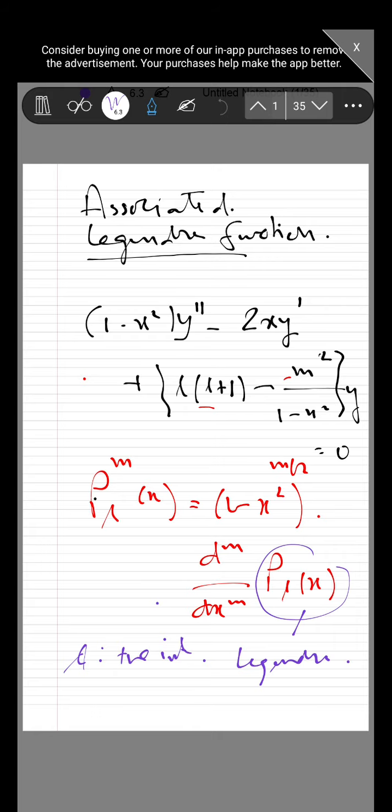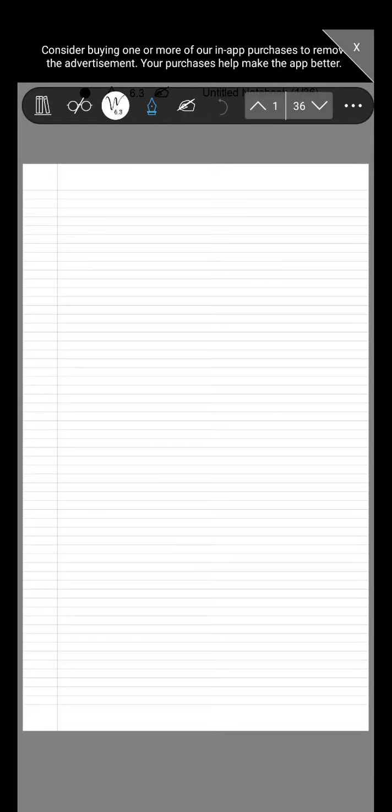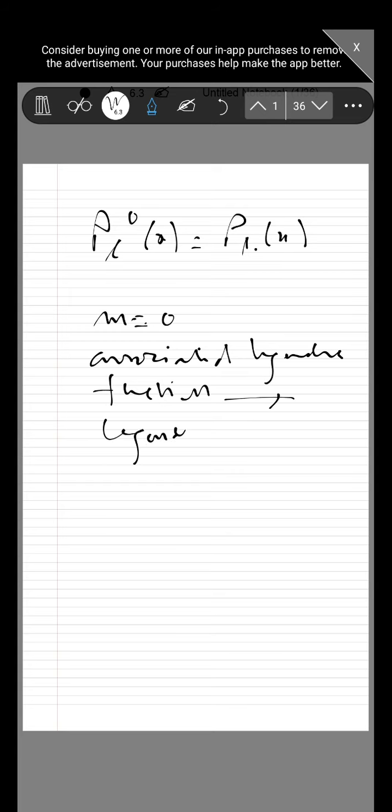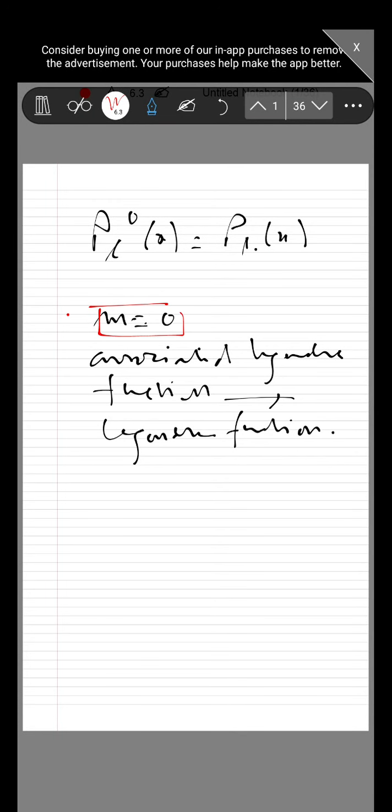So the relationship between them: P_l^0(x), where m is equal to 0, is equal to P_l(x). That means for m is equal to 0, the associated Legendre function gets converted into only the normal Legendre function, and this is the condition: m has to be equal to 0.